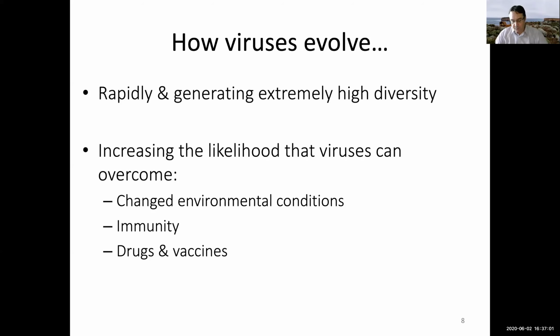So there's often a misconception that the virus population changes in response to a drug, right? So a single homogeneous virus population comes up against a drug, and then after coming up against the drug, in the next round of replication, the virus mutates so that it can escape.